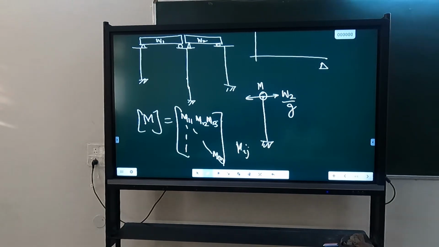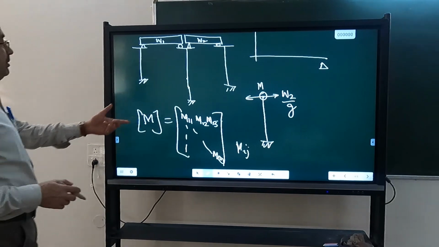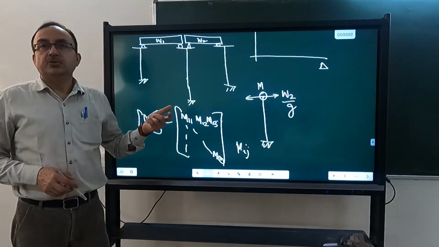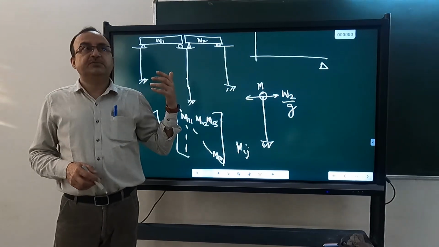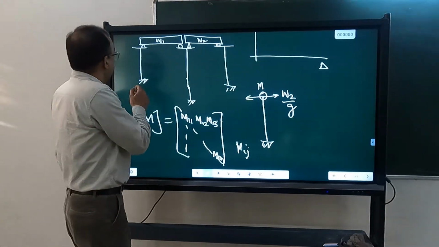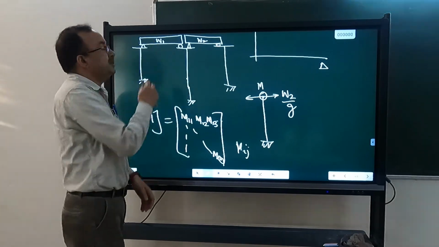If you are considering diagonal, then it will be only Mii. So wherever the acceleration is acting, inertia force will act. So here, if you apply acceleration, where will the inertia force act?